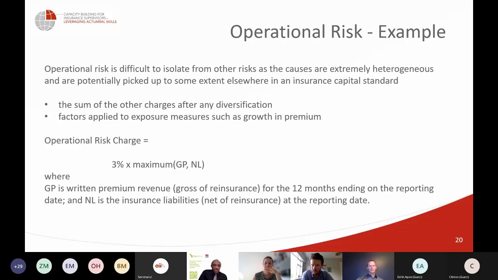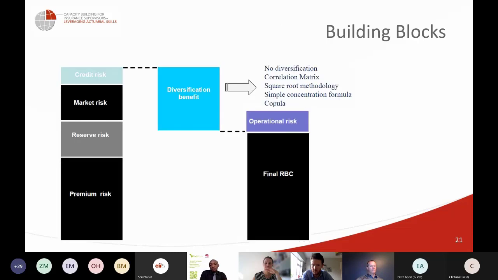Just to get into the end of this, all these risks build up what we call the risk-based capital. You add these components of risk that we've talked about, and you bring on the operational risk. But one of the key things that we discussed a bit of yesterday is how you bring in the diversification components, and there are various ways in which diversification could be considered. Some other jurisdictions do not consider diversification.